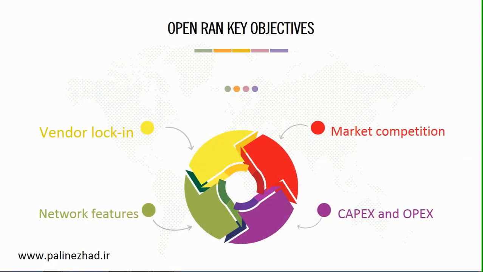The key objectives of Open RAN include these 4 topics. The first one is preventing vendor lock-in. To avoid vendor lock-in, we need interoperability between various RAN components and also hardware and software disaggregation in RAN, because in this way, the operator can choose between RAN manufacturers.